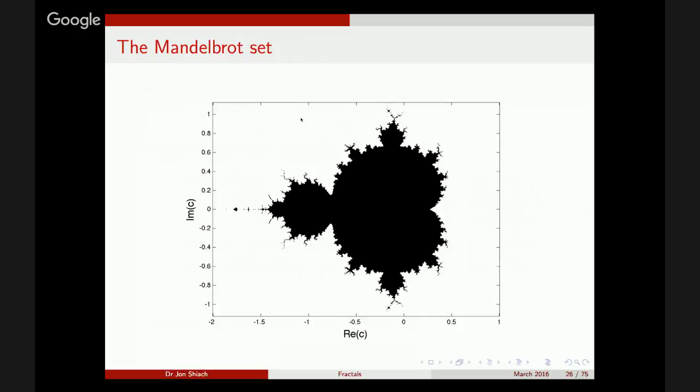If the modulus of that number z ever becomes greater than 2, it's not part of the Mandelbrot set. But if it remains bounded, we draw the point in black. And this gives us this nice pretty shape, which is known as the Mandelbrot set.